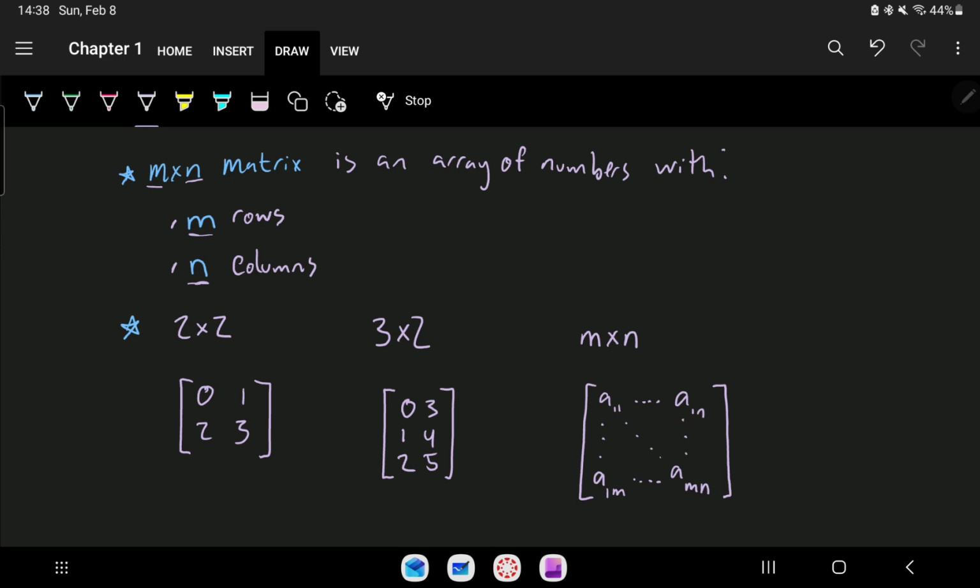Let me make a side note so everybody's on the same page here. If I say a1,1, this is usually generalized as saying a i,j, where you have the ith row and the jth column.